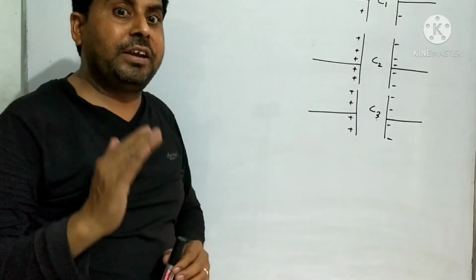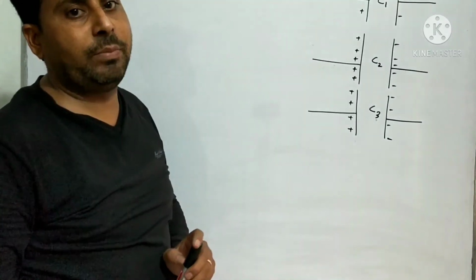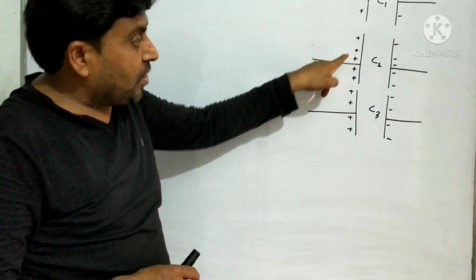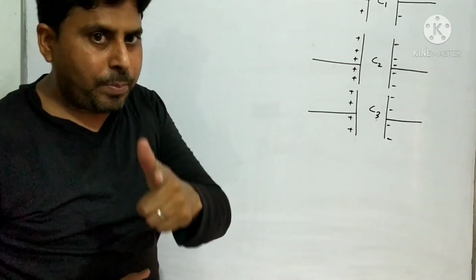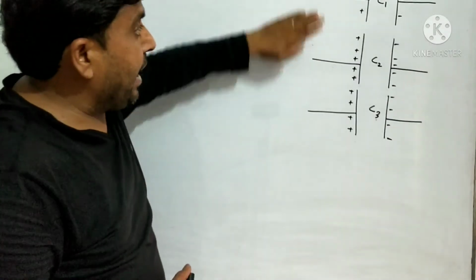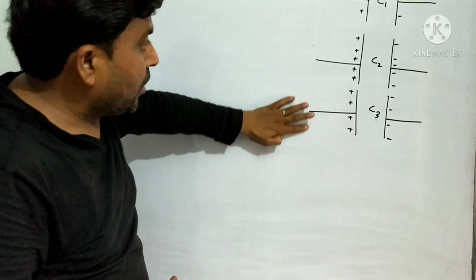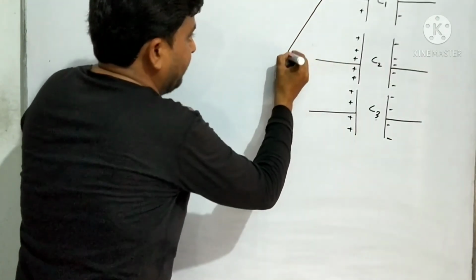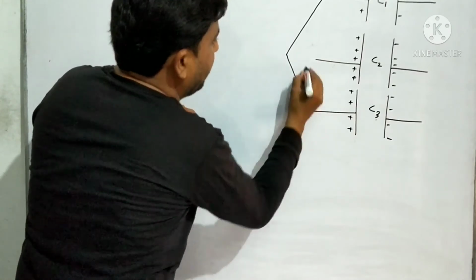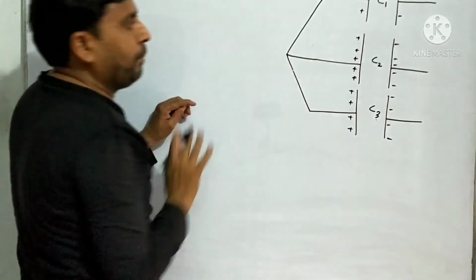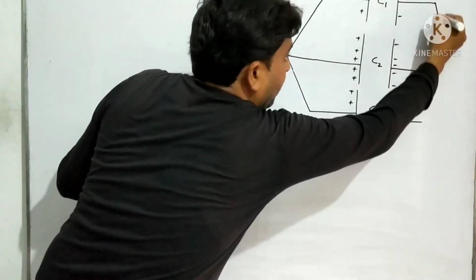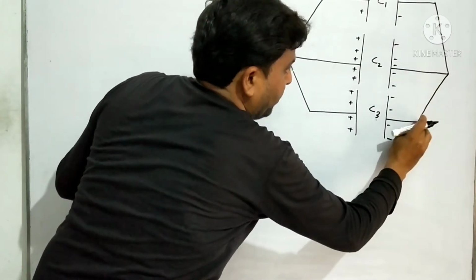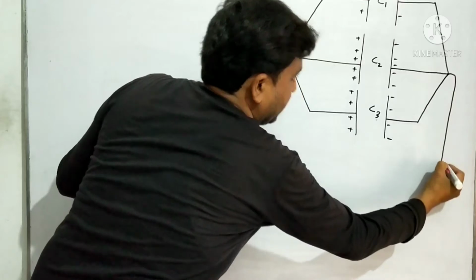All 3 are connected in parallel. In parallel combination, the positive plate of each capacitor must be connected at the same terminal. I will join them like that. All 3 are joined at the same point, and the same thing is here.